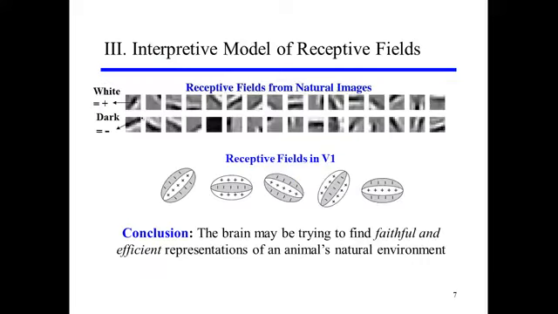What you see here is that each of these is one particular receptive field that has been learned from natural images by the efficient coding algorithm, and you'll see that each of them seems to have remarkably similar structure to what we saw before in terms of these types of receptive fields in V1.